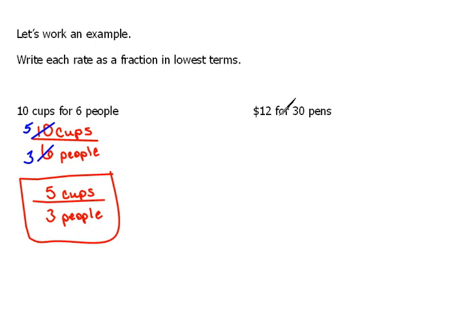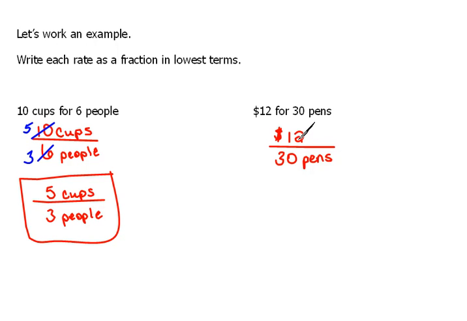Now here we have one that says $12 for 30 pens. So again, we're going to write this as our rate, $12 compared to 30 pens. Now we have money compared to pens, so that's what makes this a rate since those units are different. But we can do some simplifying. Here we have a 12 on top, and we have a 30 on bottom, and 3 would go into both of them.